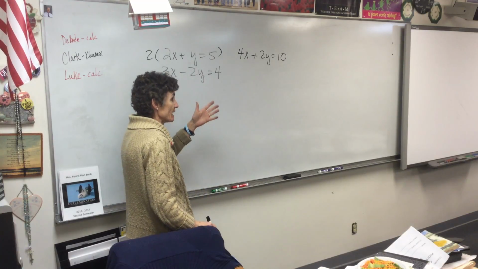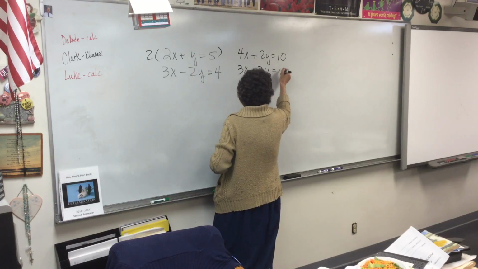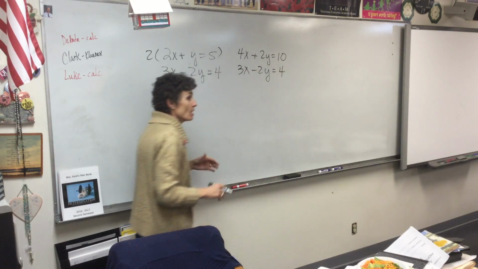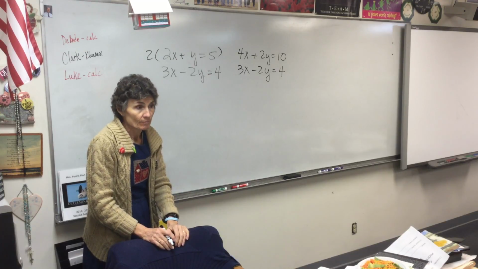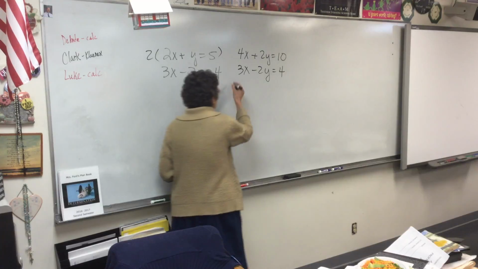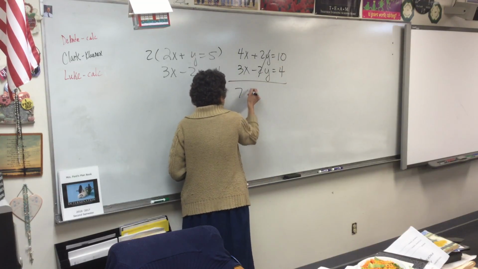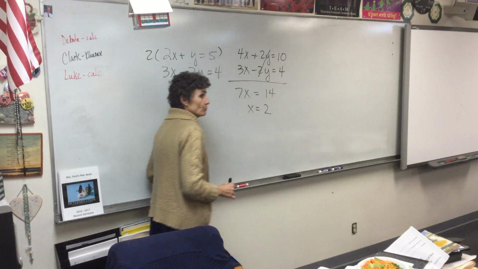I'm planning ahead. When I add that to this second equation, the y's are going to cancel. That's why we multiplied by 2, so that the y's would cancel. So 7x equals 14 and x equals 2.